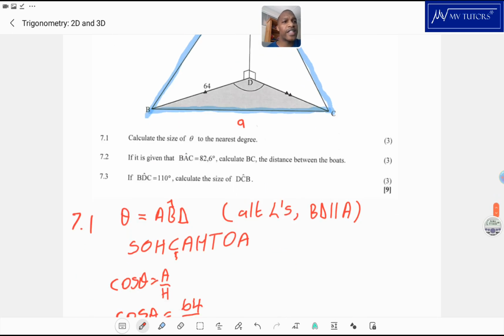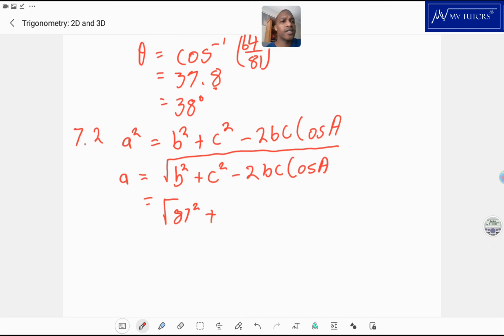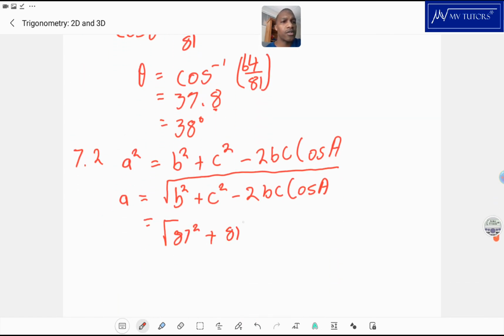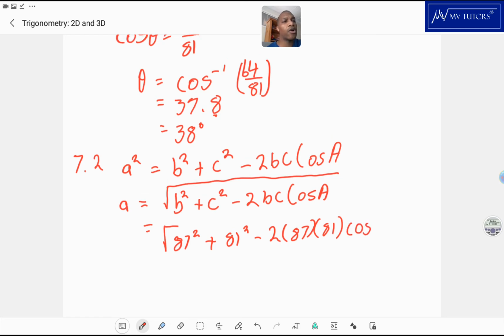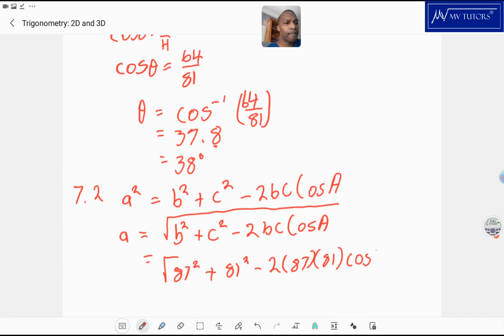Now B is 87, so this is 87 squared plus C is 81, so 81 squared minus 2 times B, which is 87, times C, which is 81, times cos of the angle A, which we've been given as 82.6. Now all of this is under a square root.